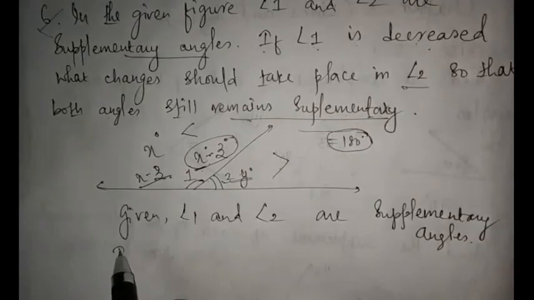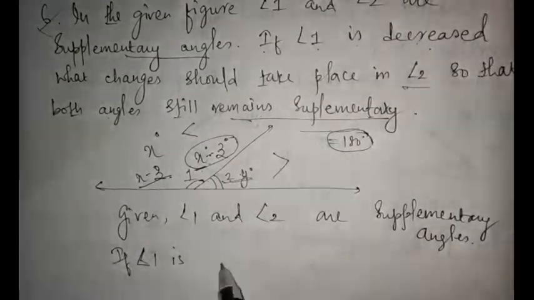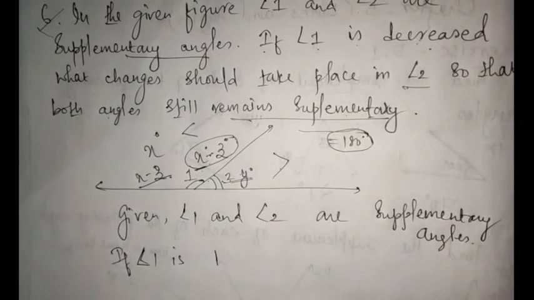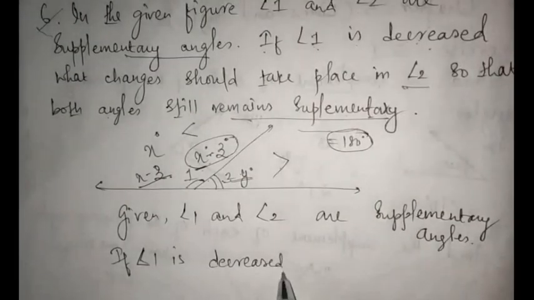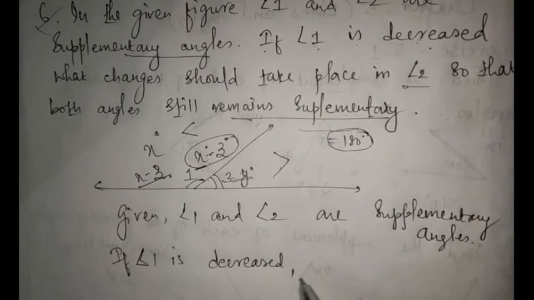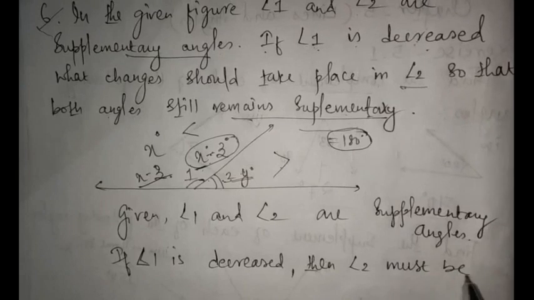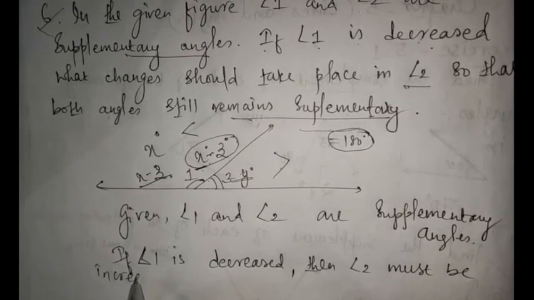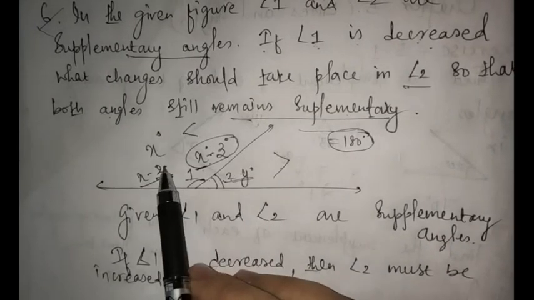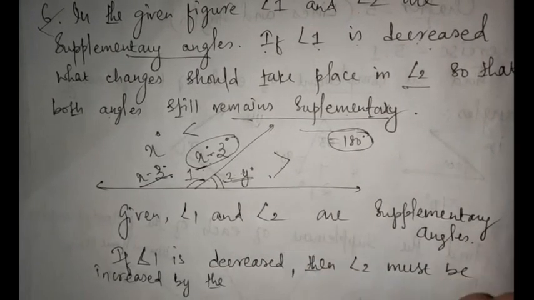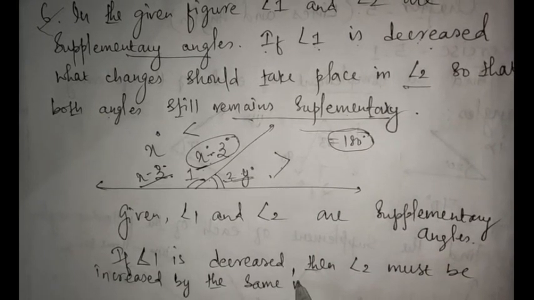So if suppose angle 1 is decreased, then angle 2 must be increased. Angle 2 must increase by the same value. Whatever the number by which angle 1 is decreased, angle 2 should also increase by the same value. So we will write: by the same value.